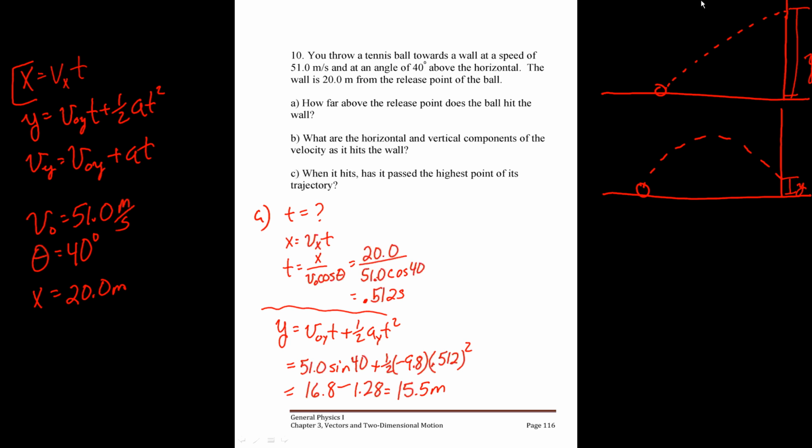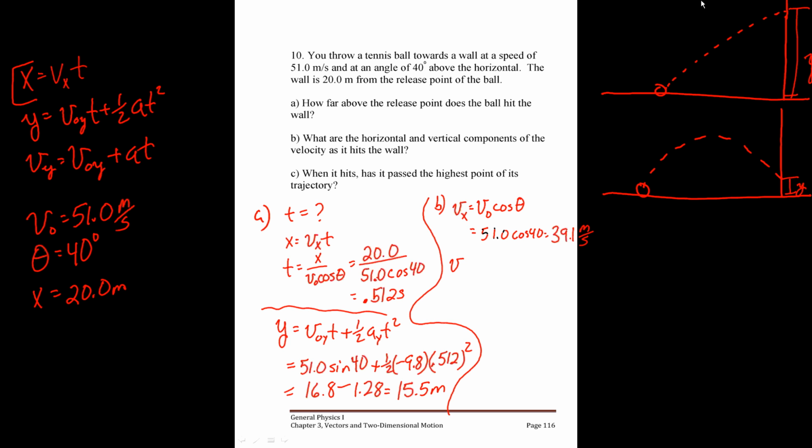That's y, 15.5. Now, I also want to know what are the horizontal and vertical components of the velocity as it hits the wall. Well, that's pretty simple now that I know the time. For part B, Vx is equal to V0 cosine theta. Vx doesn't change, so it's 51 times cosine 40. I get 39.1.